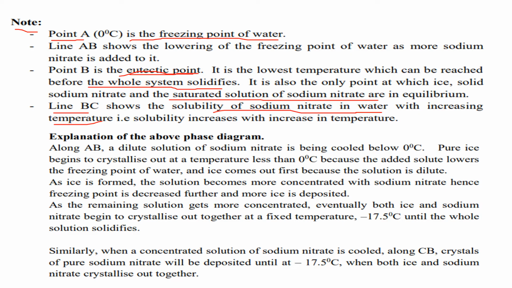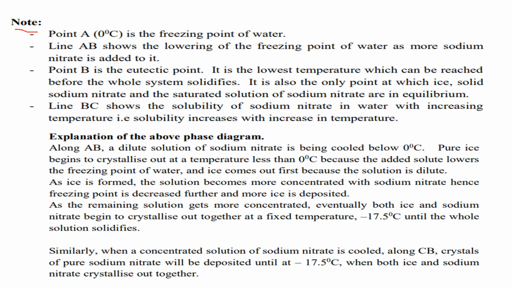If you look at the explanations, we are having explanations of the above phase diagram, and we are saying that along AB, what happens along AB? If you look at AB, we are saying that the dilute solution of sodium nitrate is being cooled below 0 degrees Celsius. Now remember, at A, water has the highest composition, so that means that water is a solvent, and for any solid or another compound that we are adding, we shall be lowering freezing point of water.